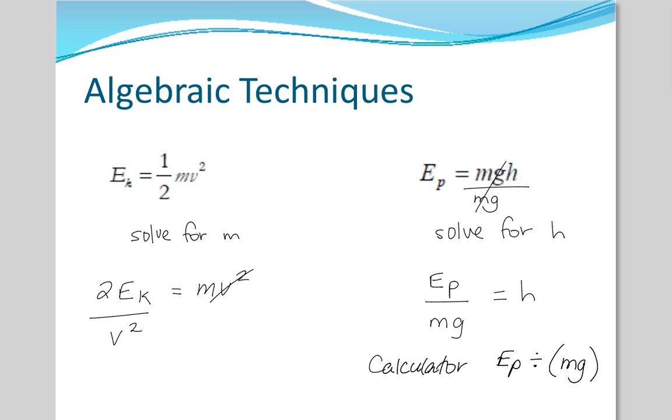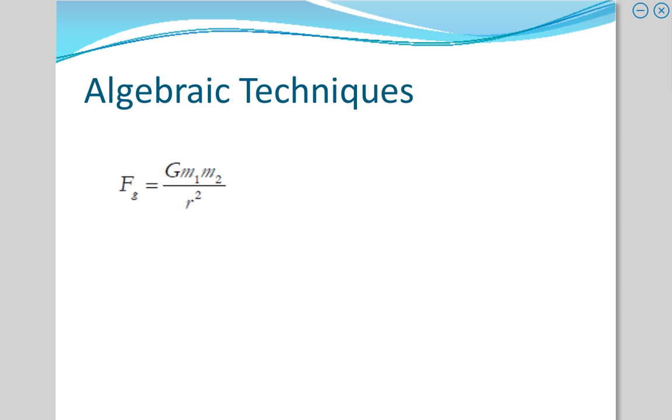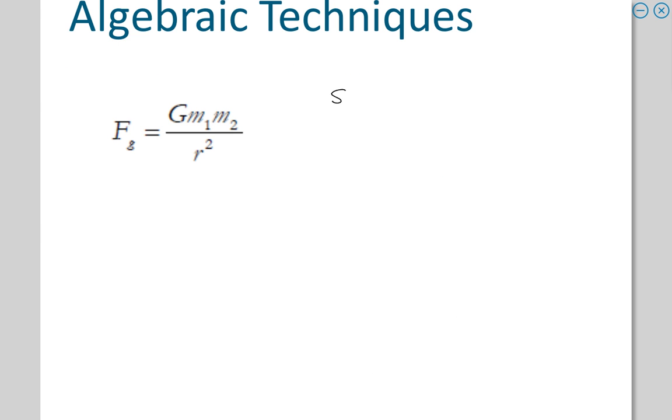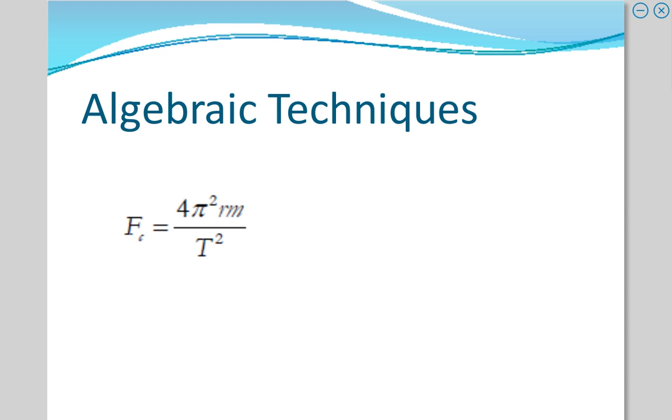So I'll let you try the next few pages on your own, and then I'll walk around and just get to know you guys. And for this one, I'll have you solve for r. Okay, the next one, how about we solve for r again? That's 4 pi squared rm.